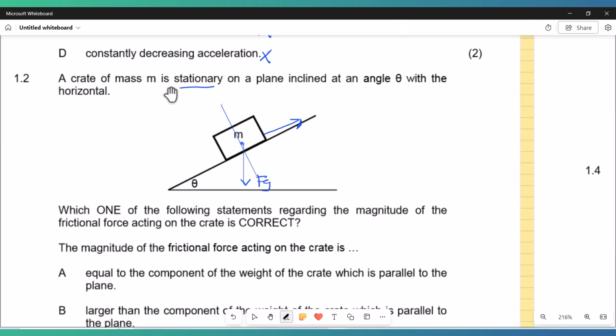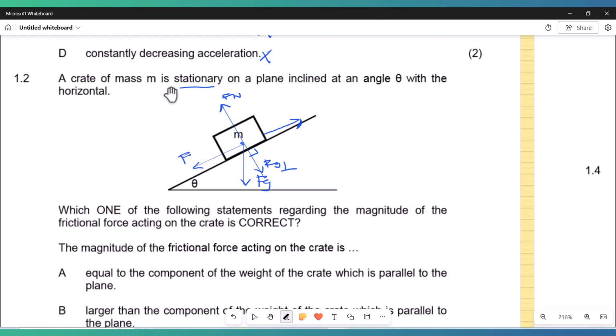This is the normal force, F normal. It is perpendicular to the surface. The other component is parallel, Fg parallel. This component is responsible for taking the block down the slope.